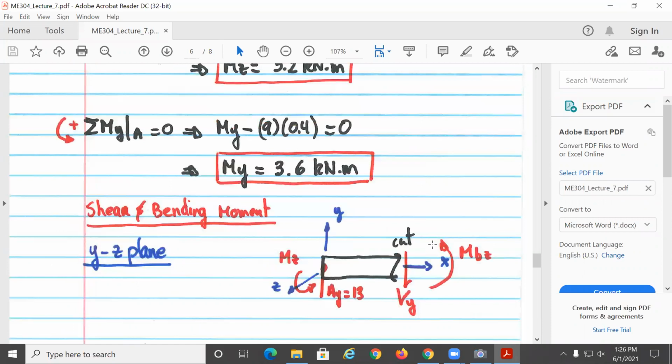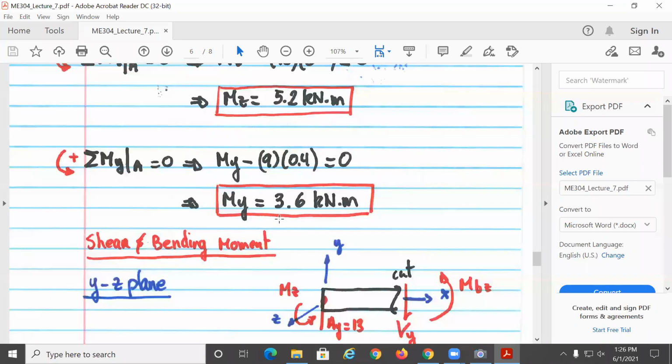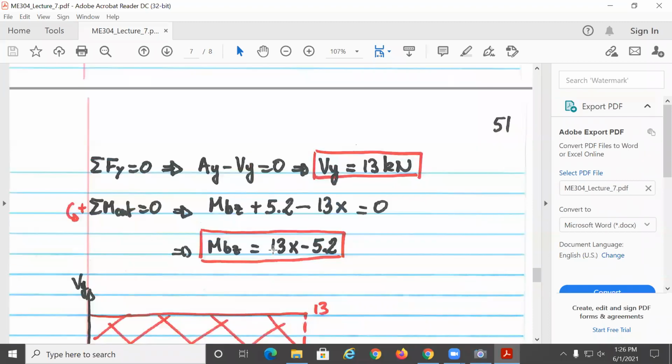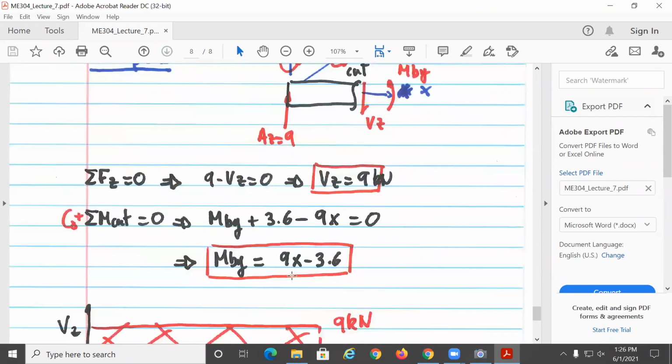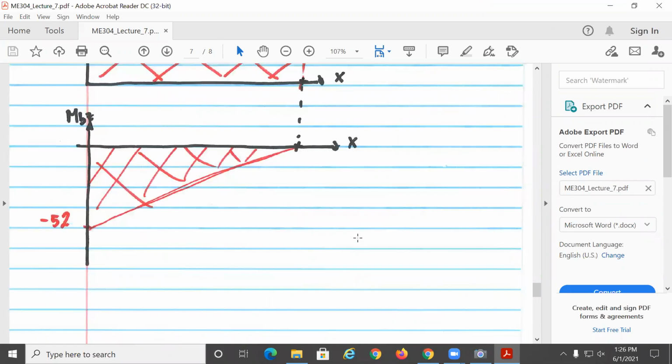And the other one, okay, so this is a 5.2. What is the other one? MBZ. Okay, and MBY will be equal to 3.6. Let me go here to see what is really the direction of those moments.